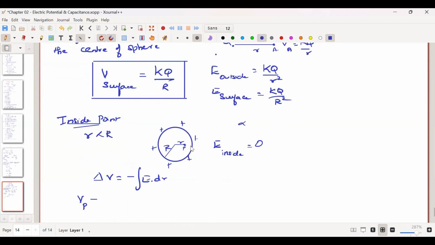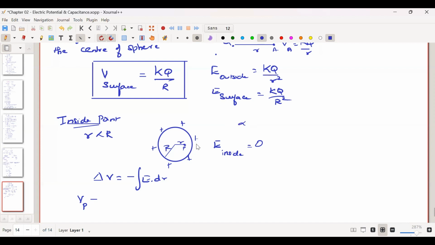When there is a discontinuous function, we can't integrate like that. We cannot calculate the work done. So we are not going to choose infinity here.